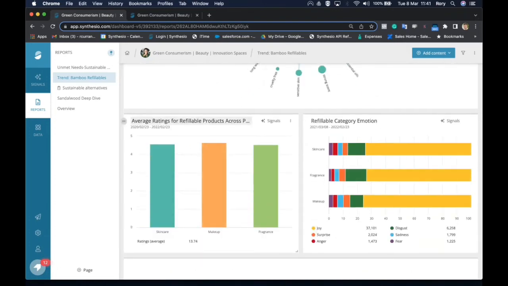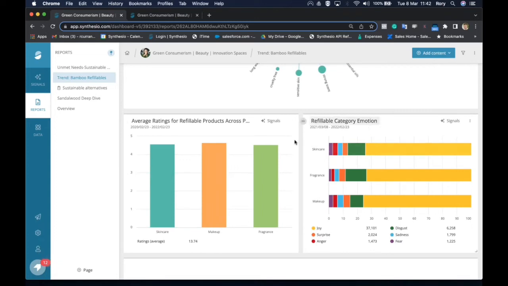We can also leverage additional data sources in consumer review data. One thing to note is that when we see conversations around bamboo packaging from review sites, the scores that we see are actually very, very strong. The average review score across skincare, makeup, and fragrance are all around 4.5 and above. There's just not enough products out there.